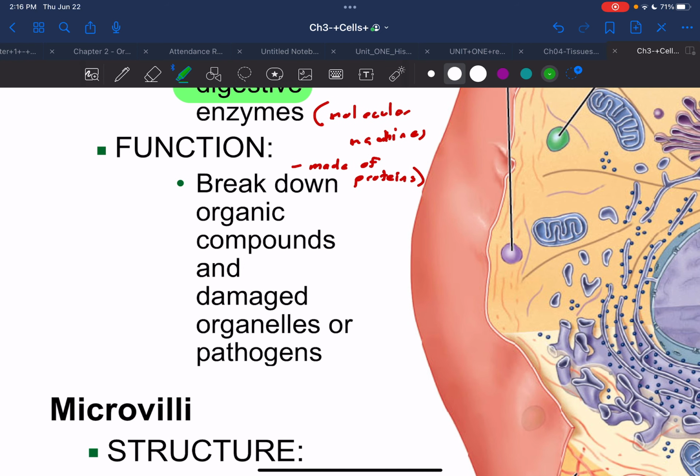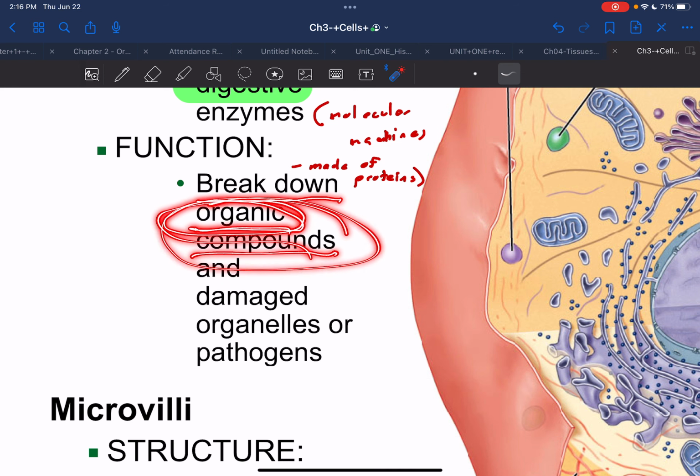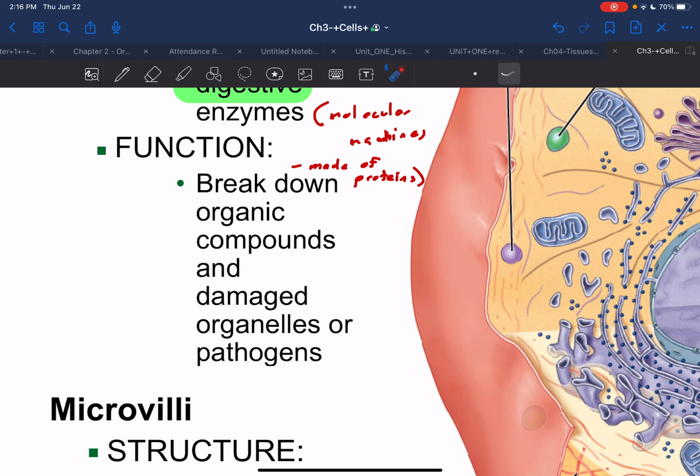Therefore, you can see that their role is to break down a lot of compounds, organic compounds. What are four examples of organic compounds? Proteins, carbohydrates, lipids, and which one did I say? Nucleic acids. And they also can destroy organelles and invasive pathogens.